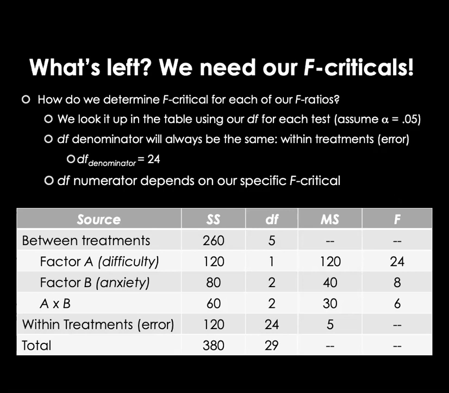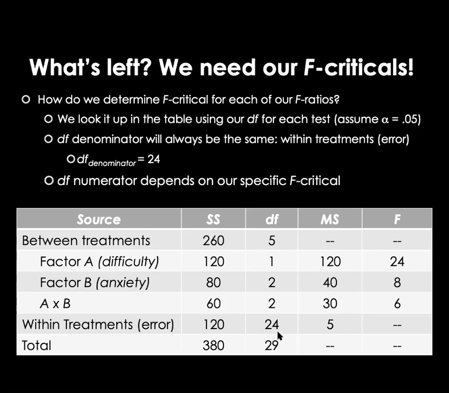The degrees of freedom for the denominator will always be the same, right? Because for each of these F ratios, our denominator was the same. It was the within treatments mean squared. And so the degrees of freedom for that is 24. So when you're looking up your F critical in the table, the denominator for each of the F tests is going to be 24.